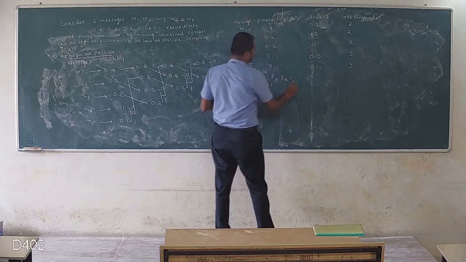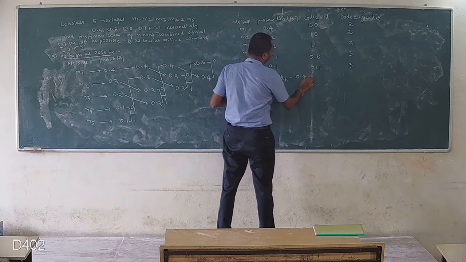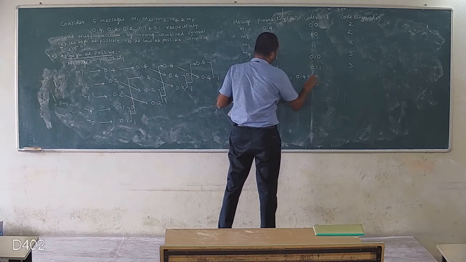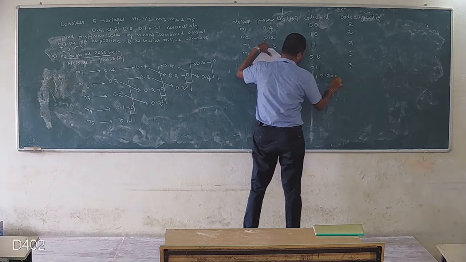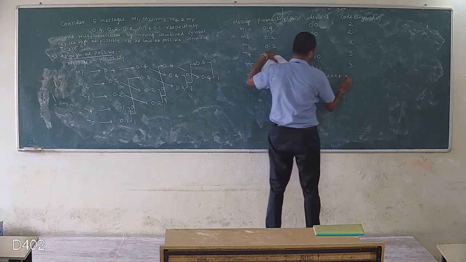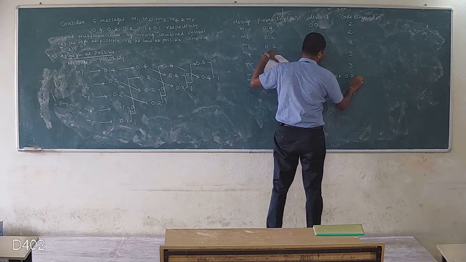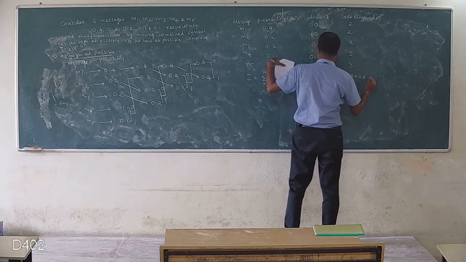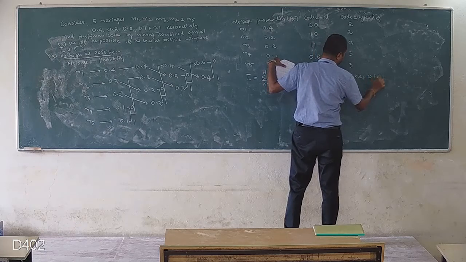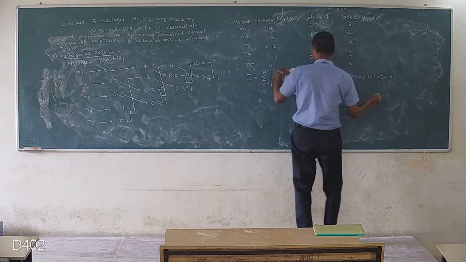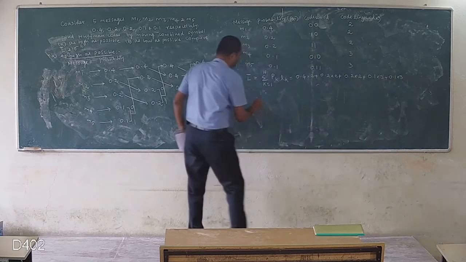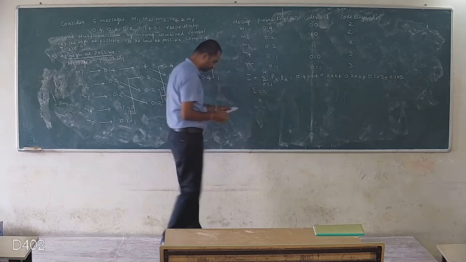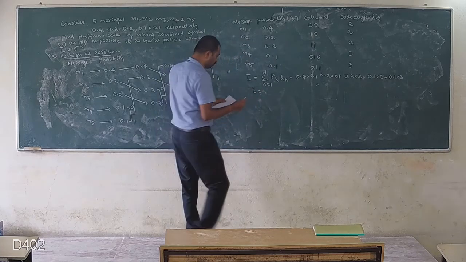If you multiply, 0.4 into 2 plus 0.2 into 2 plus 0.2 into 2 plus 0.1 into 3 plus 0.1 into 3, we get the value L bar equal to 2.2 bits per message.